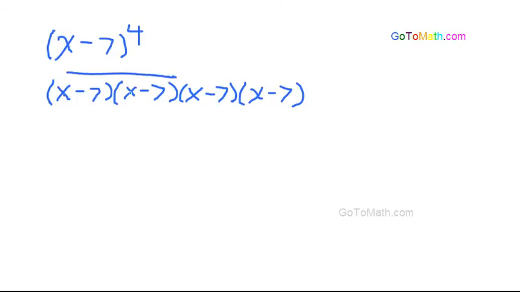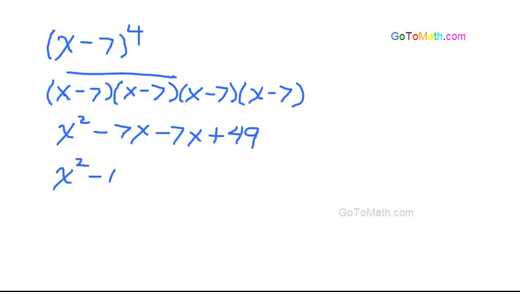So we have x times x, and that's x squared. And you know what? I just thought of something, but I'll tell you in just a second. So x times minus 7 is minus 7x, minus 7x, and then plus 49. So we end up with x squared minus 14x plus 49.